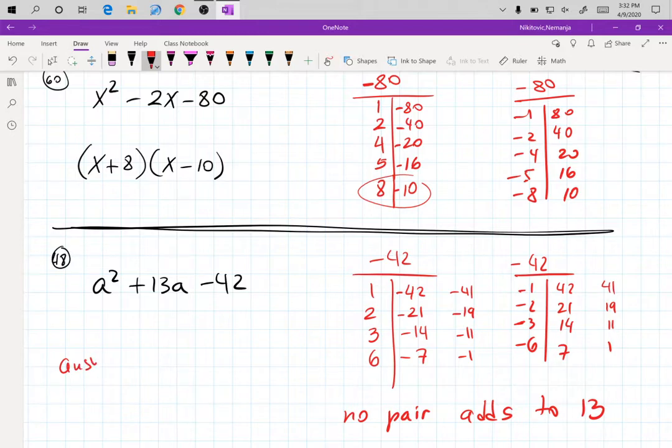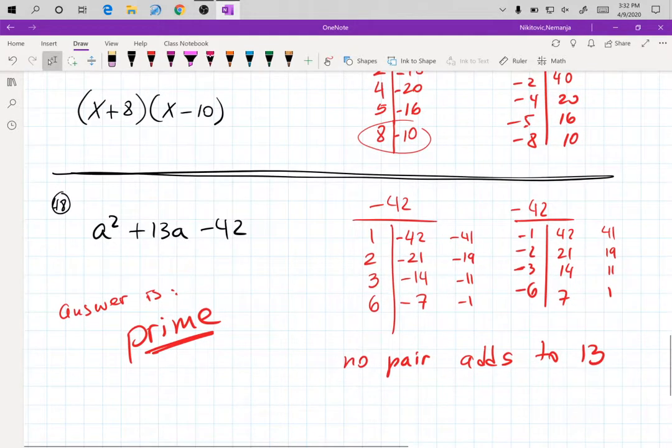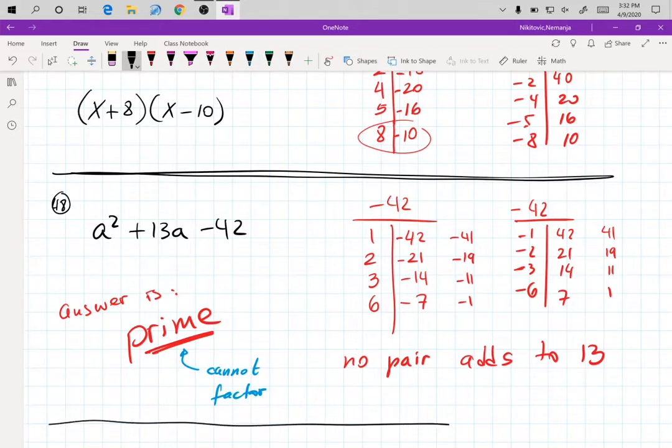So the answer is prime. Prime means cannot factor.